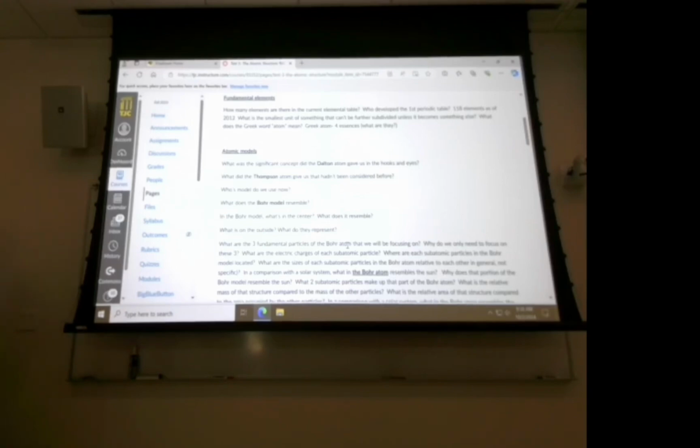So we'll talk about the atomic models. The models that we looked at were the Dalton model, which gave us the hooks and the eyes, which introduced us to the concept of bonding. And we talked about the Thomson atom. The Thomson atom was the plum pudding, and it introduced the electrons on the outside of the nucleus.